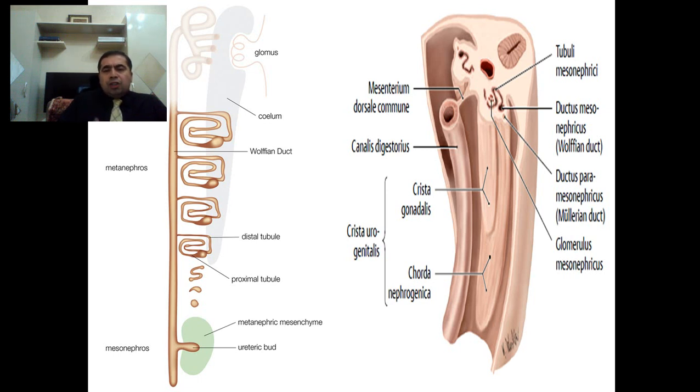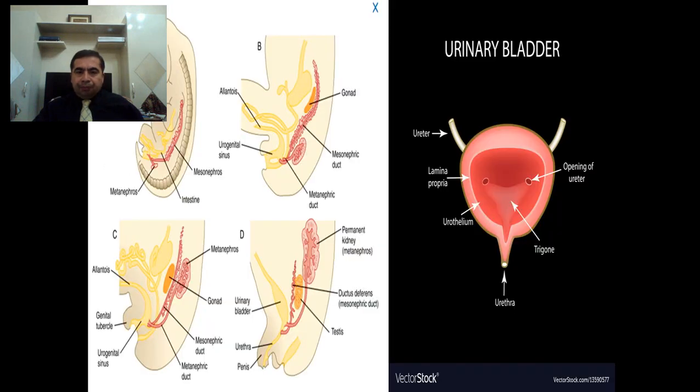The anterior part is the urogenital sinus, and from it develop at the 7th week of the embryo the urinary bladder, the female urethra, and only part of the male urethra, because the male urethra has a more complex structure, which I'll explain during our next lecture. But you have to know that only the prostatic part of the male urethra develops from the urogenital sinus.